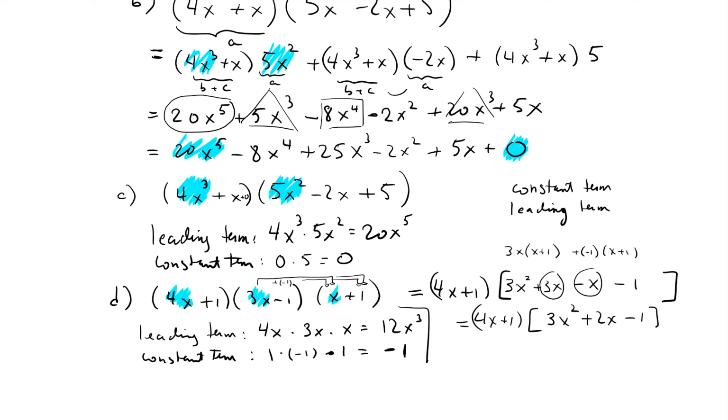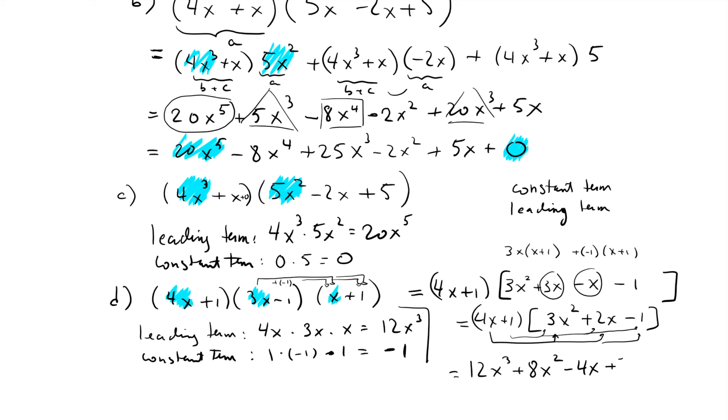2x minus 1. And now I'm going to multiply 4x with this, with that, and with this. That gives me 12x cubed. That's my leading term. 4x with 2x is 8x squared, and 4x with minus 1 is minus 4x. And then I'm going to do the same with 1. So it's going to be 1 times 3x squared, 1 times 2x, 1 times minus 1.